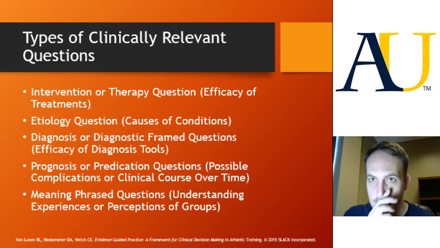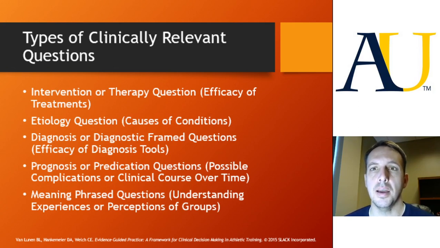And that leads us to the different types of clinically relevant questions. And so we'll explore how we can use these then to create our questions. But first we need to understand, first and foremost, what different types are and how that's going to lead us to slightly different answers.